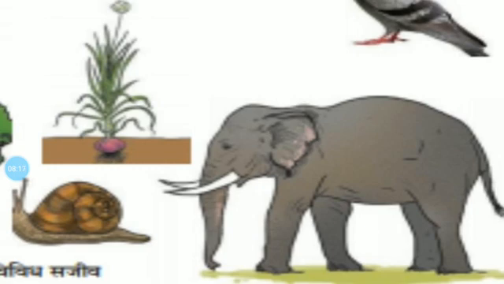Cellular structure is the main characteristic of living things, even though the number of cells may vary. There is a variation in the number of cells, and when the number of cells is maximum, the size of that organism or animal is big.